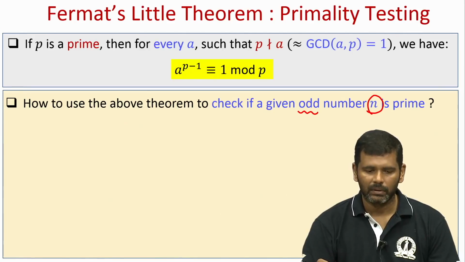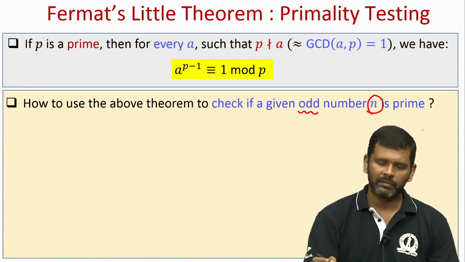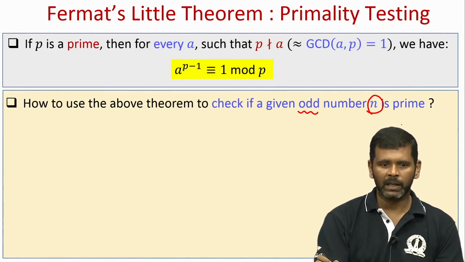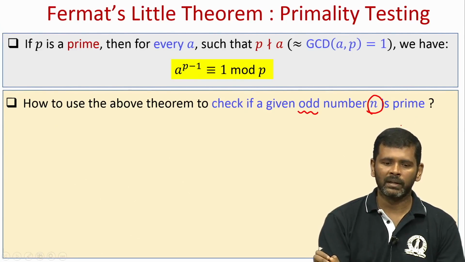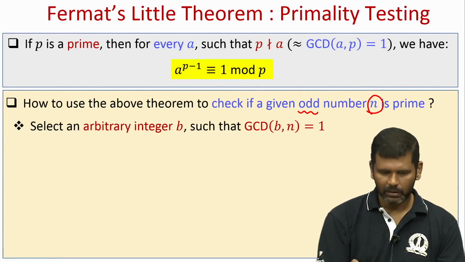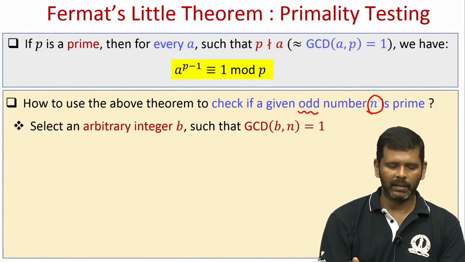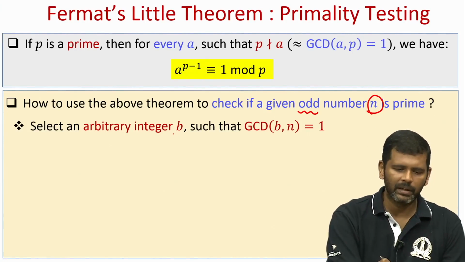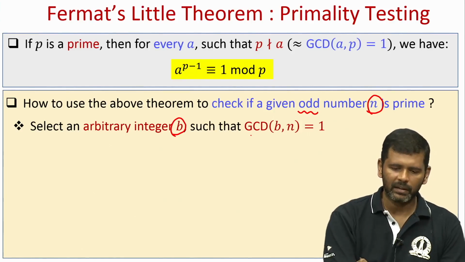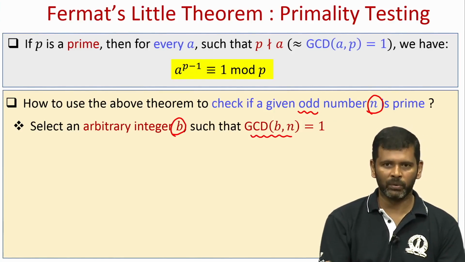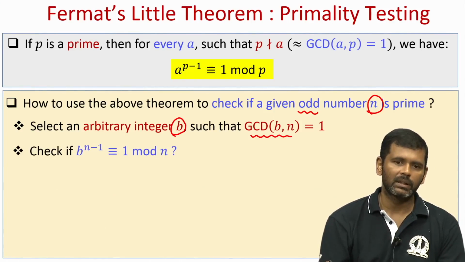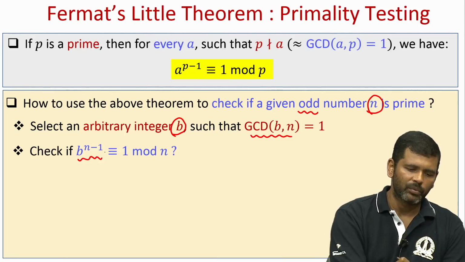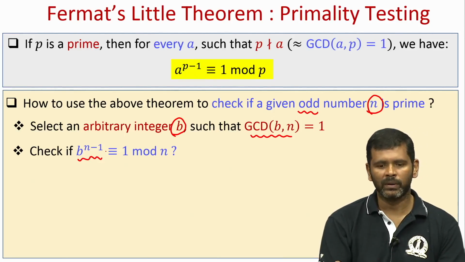So, now you are given an odd number n, it might be an arbitrarily large number, and you want to utilize Fermat's little theorem to verify whether the given number n is prime or not. So, the idea here will be that I will pick some arbitrary integer b such that b is co-prime to n, and then I will check whether b to the power n minus 1 is congruent to 1 modulo n or not.